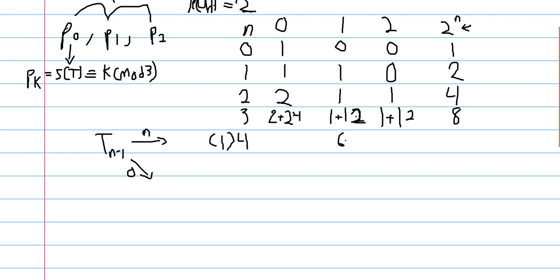So 4 plus 2 gives us 6. If we add a 1 to a 1 subset, we'll get a 2 subset, so we have 2 plus 2 is 4. And finally, if we add a 1 to a 2 subset, we'll get a 0 subset, so we have 2 plus 4 is 6. And again, 6 plus 6 plus 4 adds up to 16, as expected.